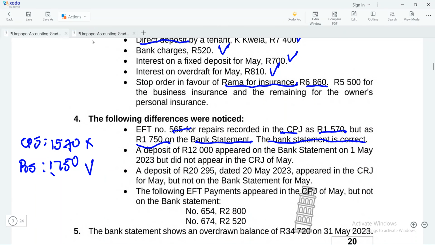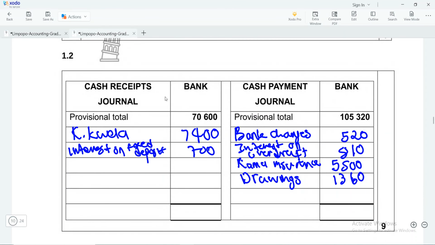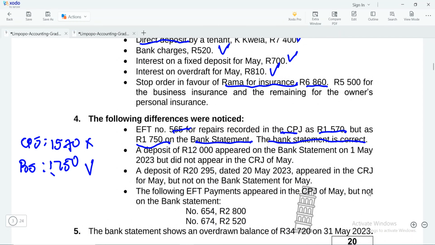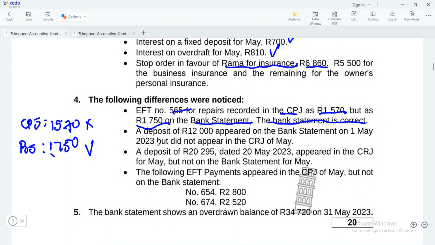Remember, it has been undercasted, so I can say, let me just say error here, and then say 1750 minus 1570, and remember it gave us 180 here. Okay, very important. So that's how you correct that error, and this will normally be around 2 marks because not all learners can get that. Next, they are saying that a deposit of 12,000 appeared on the bank statement.